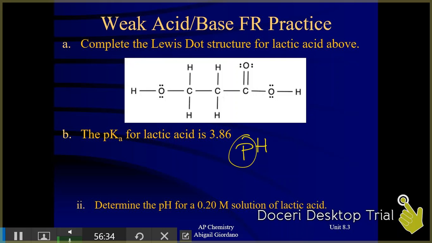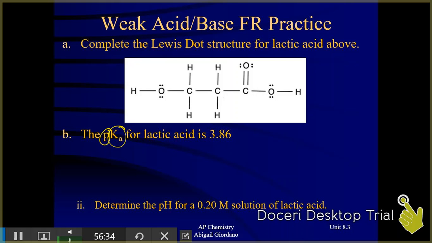That letter p represents the negative log of, in this case, the hydrogen ion concentration. So what is a pKa? A pKa is the negative log of the Ka value.